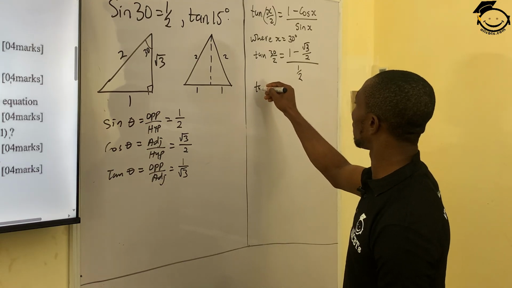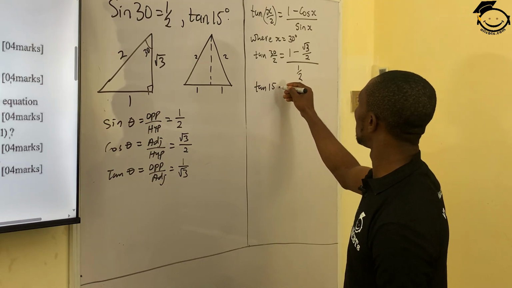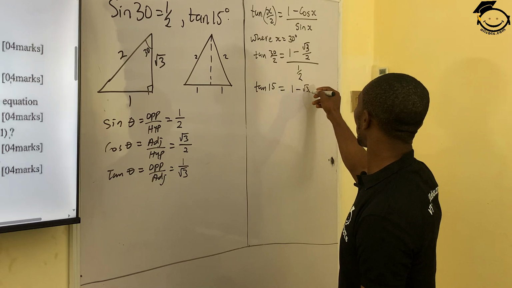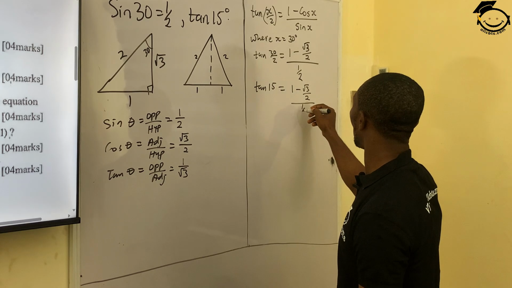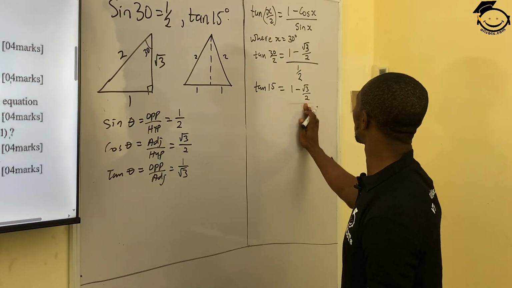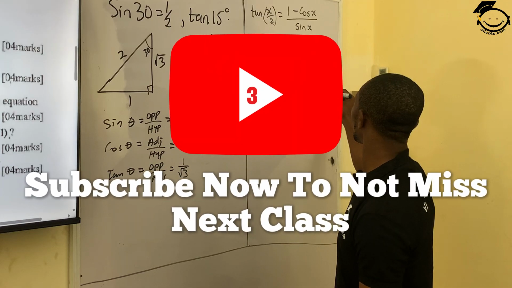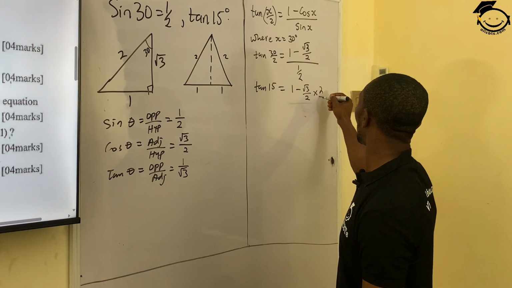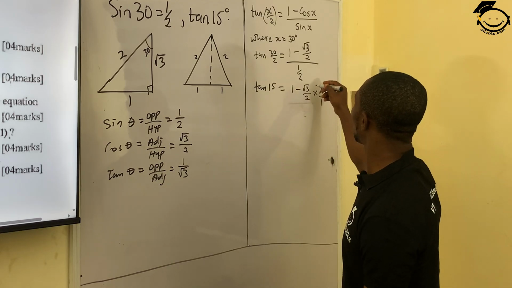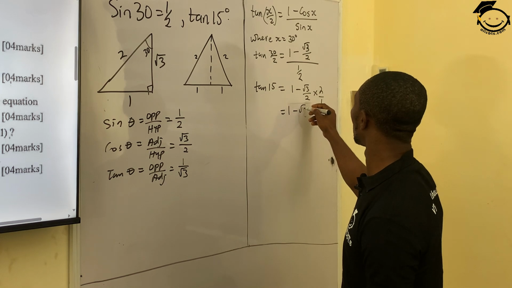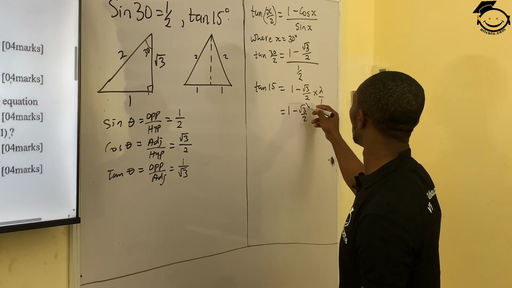So this becomes tan 15 equals to 1 minus √3 over 2 all over half. Now, if we turn this to multiplication, this becomes times 2 over 1. So these 2 will multiply all through.